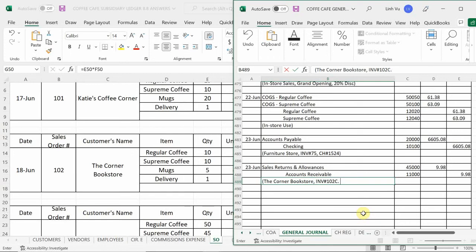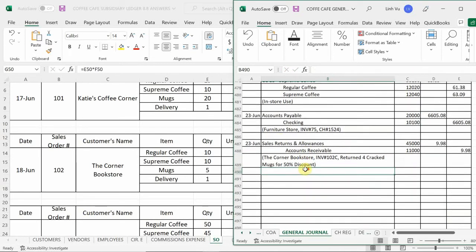And you could go ahead and put return for cracked mugs for 50% discount.